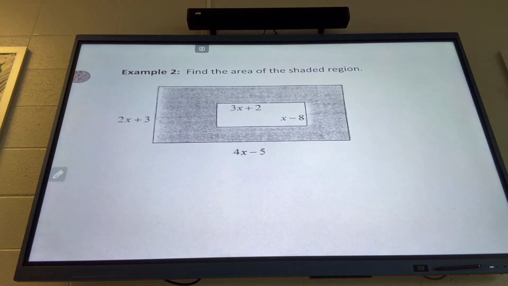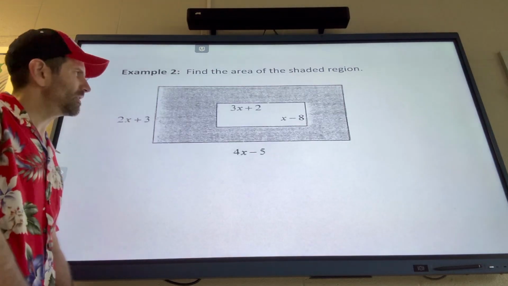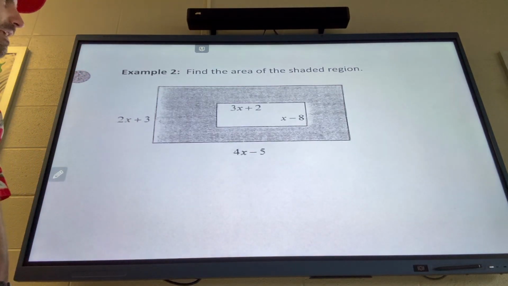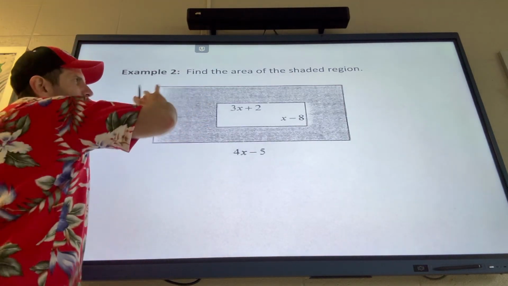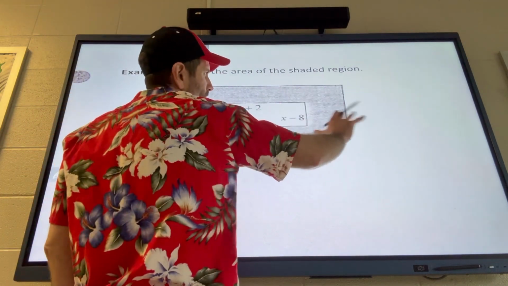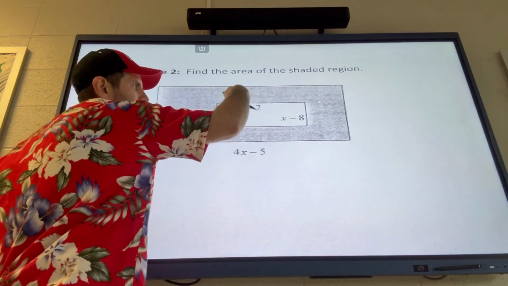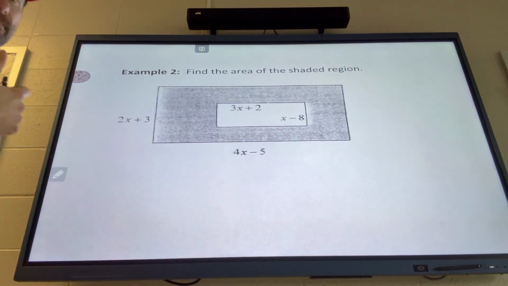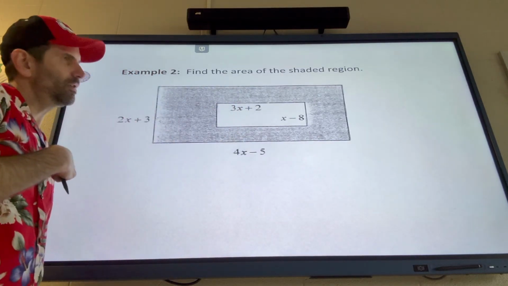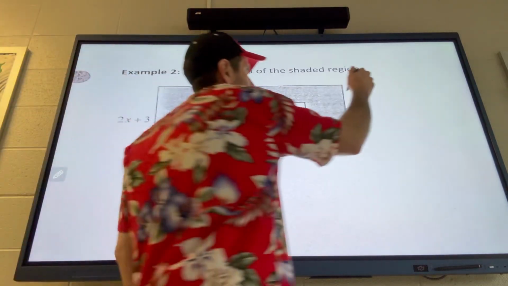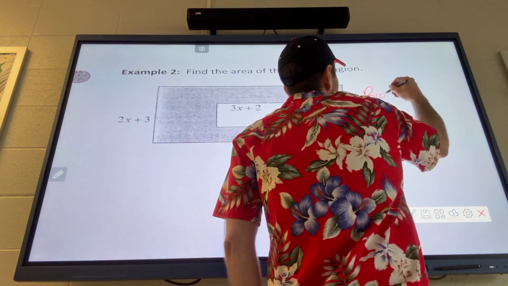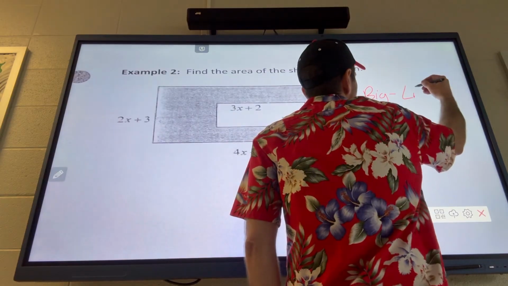And yeah, I think eventually you might come across the idea that what you could do is find the area of the whole shape and find the area of the small rectangle and subtract them. And that would be a good approach to this. I would describe that as we're going to find area of the big minus area of the little.